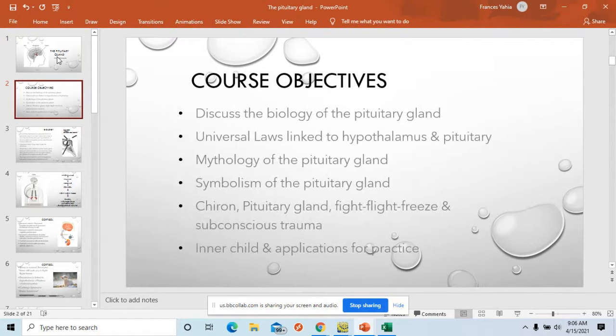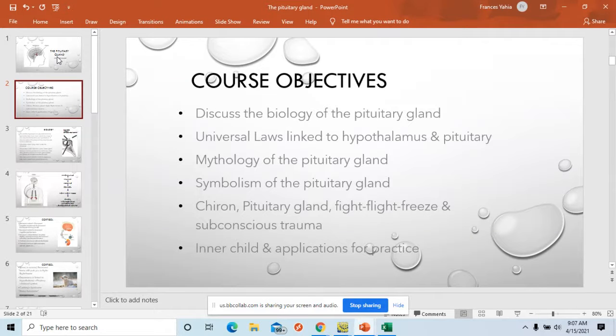So course objectives: discuss the biology of the pituitary gland. We're in behavioral neuroscience. Of course, some universal laws in the Hermetic tradition linked to the hypothalamus. That's actually what dictates the pituitary. It's the hypothalamus that tells the pituitary what hormones to release.